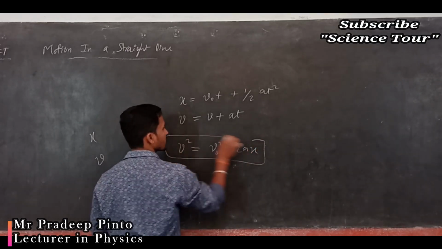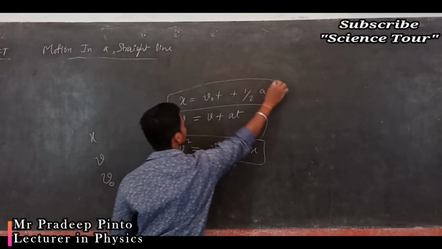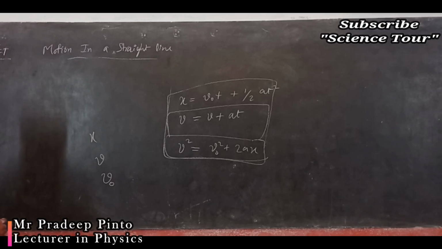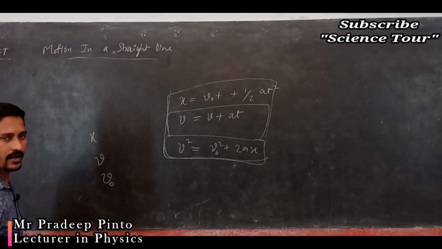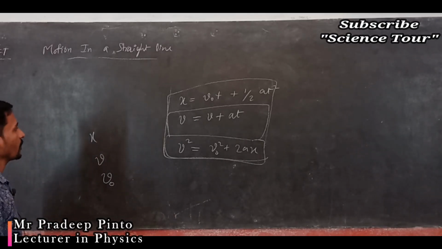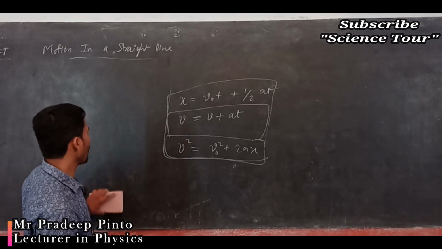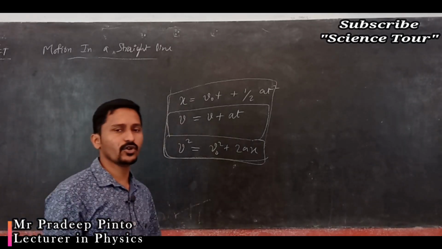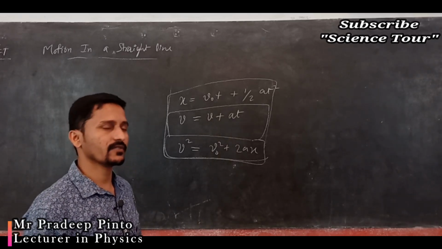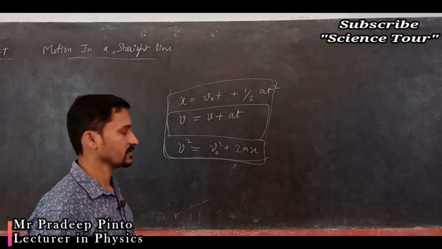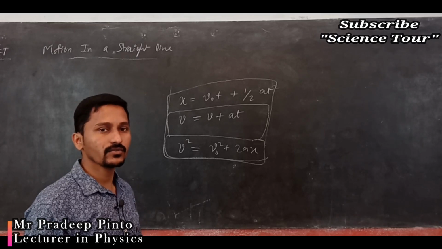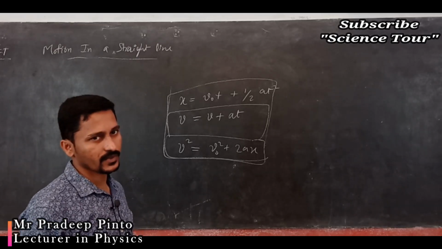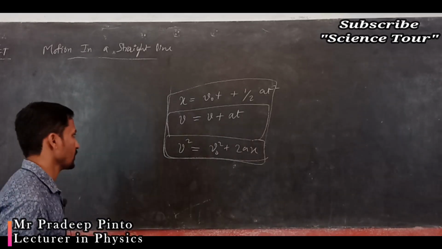These three equations we have got, isn't it? Now see, all the physical quantities are connected here. If you know any two of the quantities, you can find out anything else. Everything you can find out. That is the beauty of these equations.